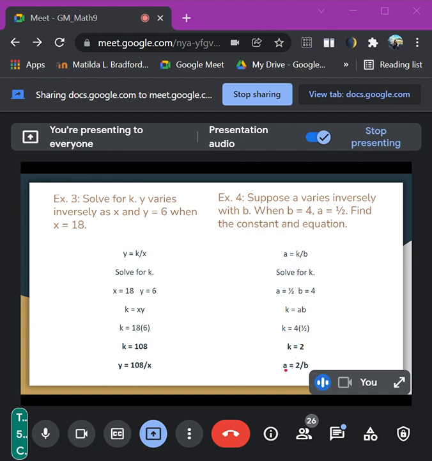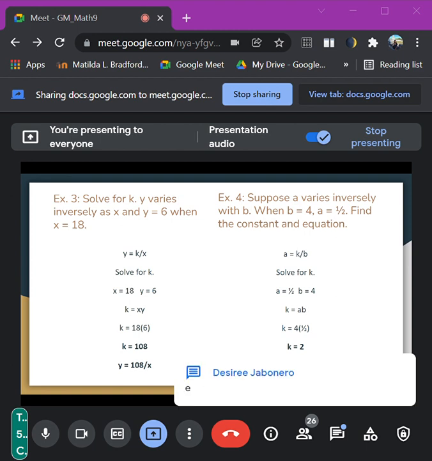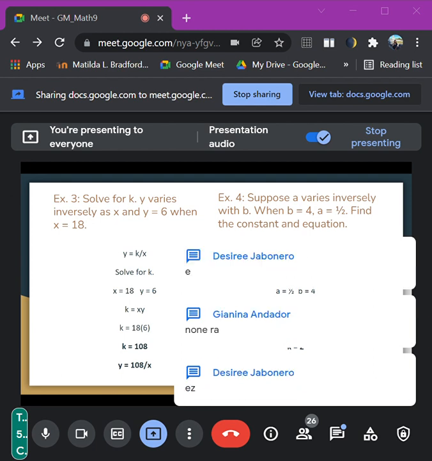So, you will have there A is equals to 2 over B. Okay? So, that is how you are going to get your equation. Okay? So far, any questions for 3 and 4? Okay, none ra. Okay, easy.